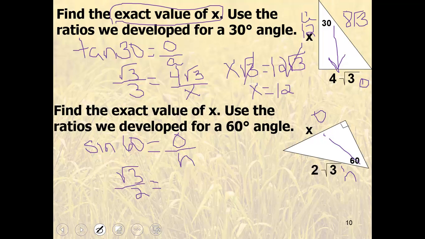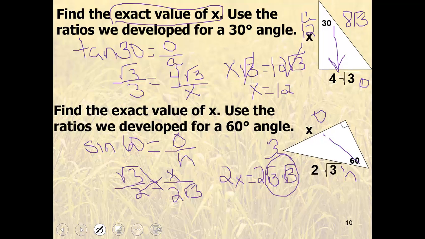Has to equal x over 2 square roots of 3. Cross multiply. I get 2x is equal to 2 times the square root of 3 times the square root of 3. This double just becomes a 3, so I get 2x is equal to 6.